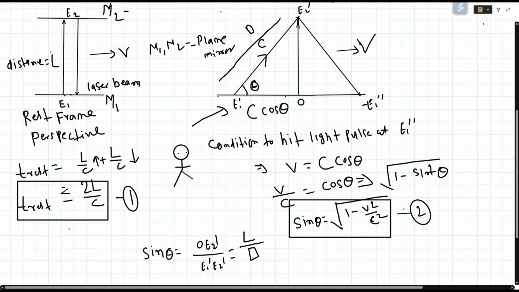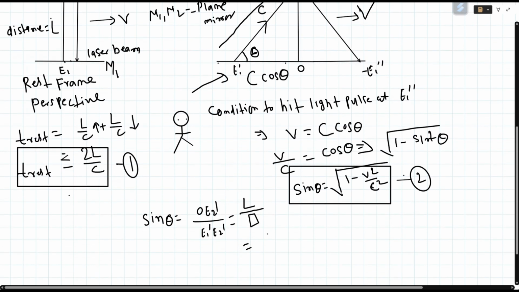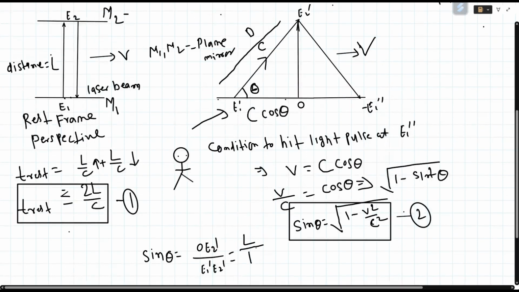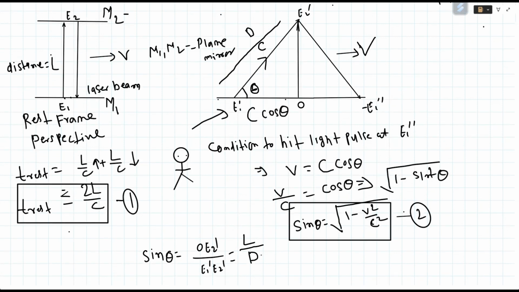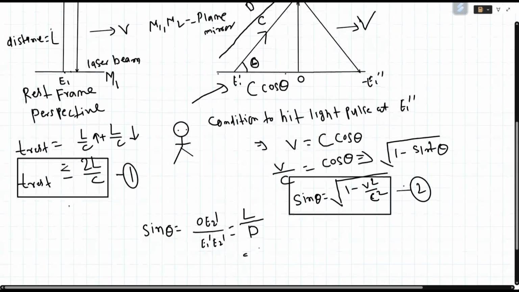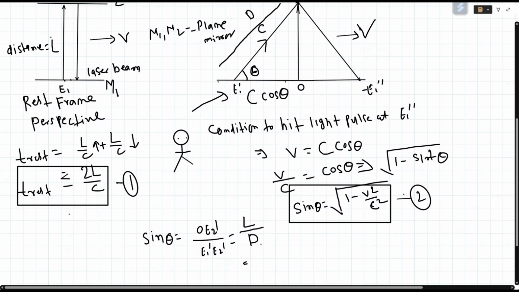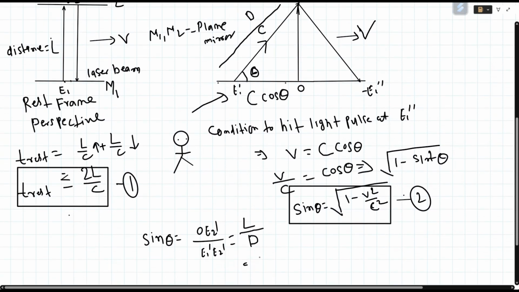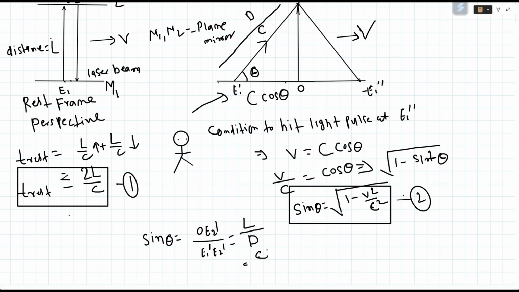Now you can write L equal to c times t by 2, divided by d.